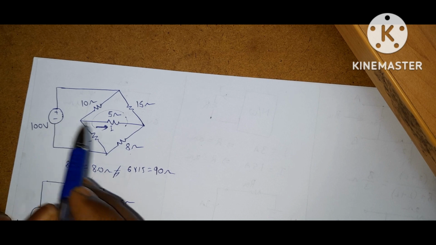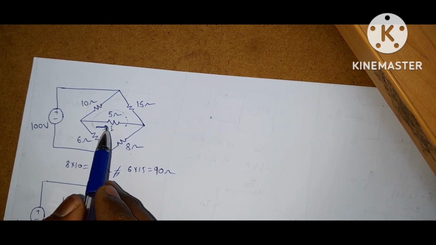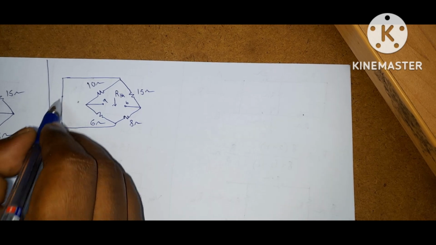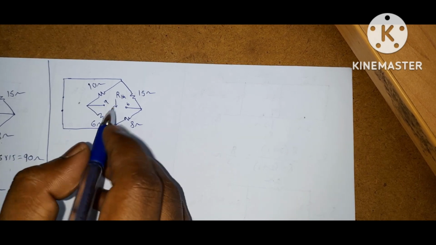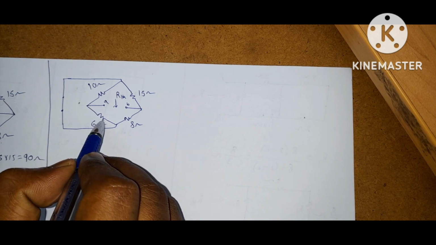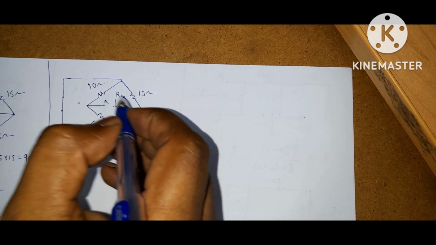For RThevenin, again open this load resistance, the 5 ohm resistance, and replace this voltage source with a short circuit, then find ROC. The circuit becomes like this. We are replacing the voltage source with a short circuit. If you observe this, these two resistors are connected in parallel. I'm redrawing the circuit.